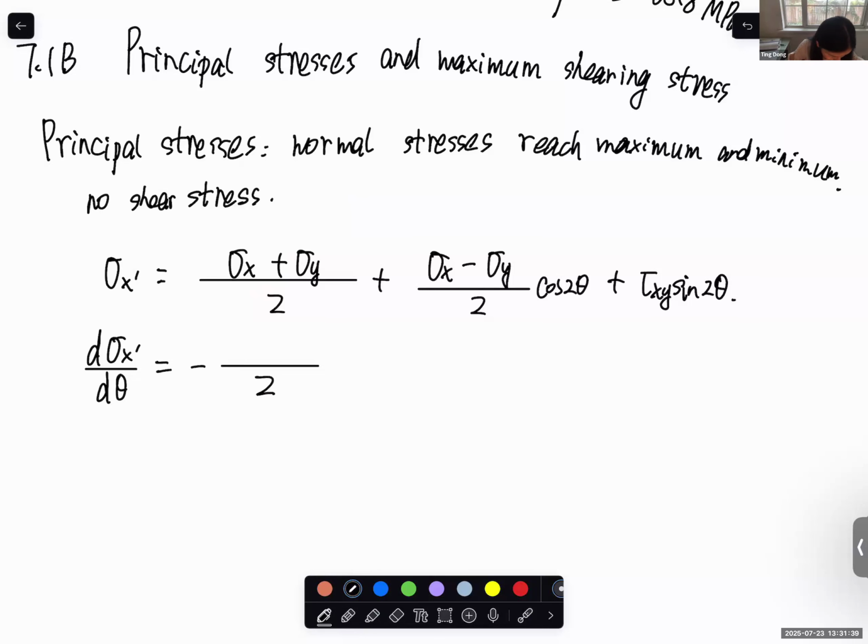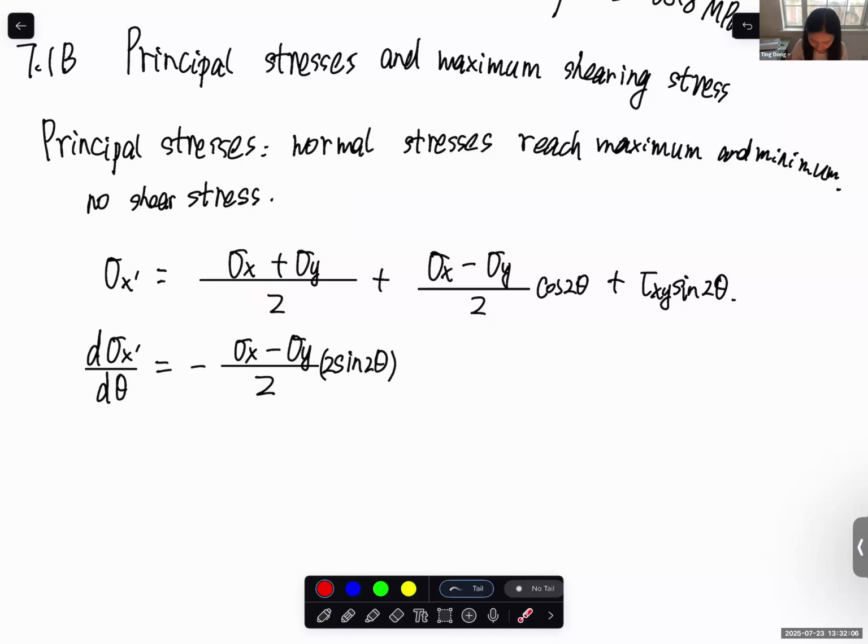After taking the derivative of cosine 2 theta, sigma x minus sigma y, we get sine 2 theta. To save some time, you can check or just Google it, like how to calculate the derivative of cosine 2 theta.